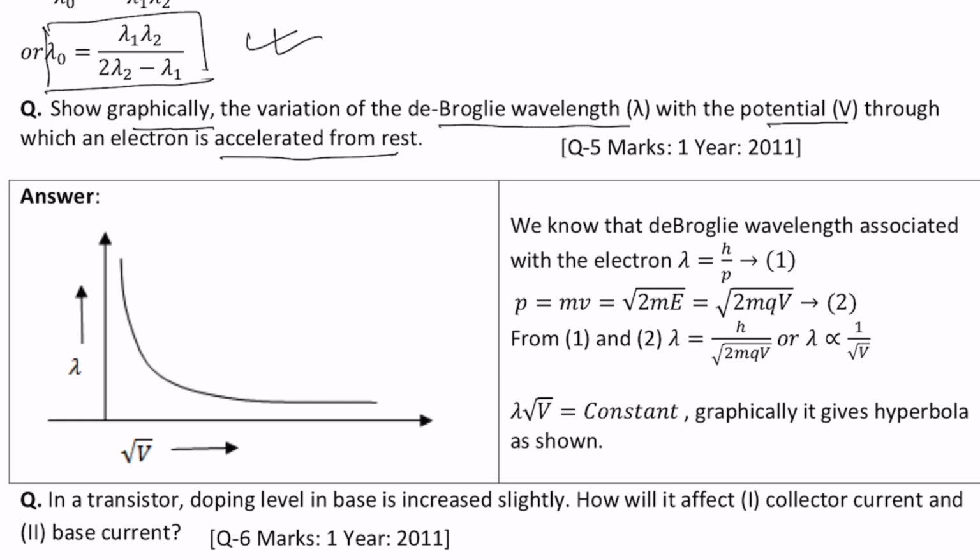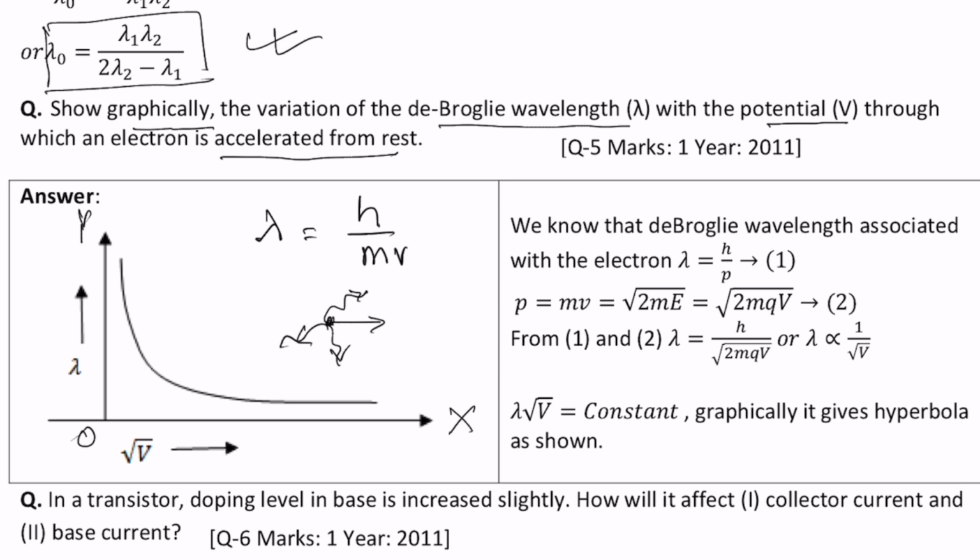So lambda versus root V. If we put root V along the x-axis and lambda along the y-axis, the de Broglie wavelength is given by lambda equals h by mv. What does this equation state? When a particle is in motion, it has waves associated with it.